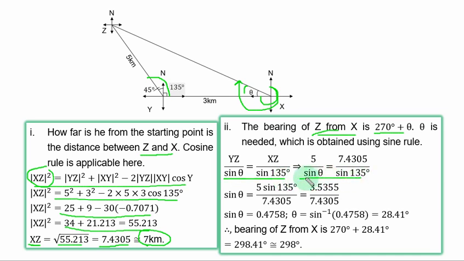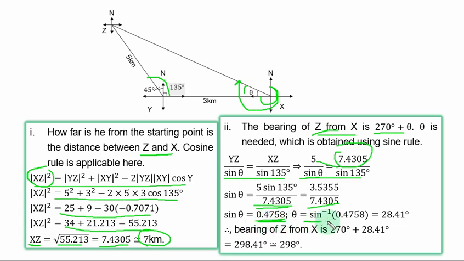If you make sine theta the subject, you first cross multiply and divide both sides by the coefficient of sine theta, so you have it in this form. When you simplify, you get this, and when you divide, you get this. To get theta, you take the inverse of sine of this value.